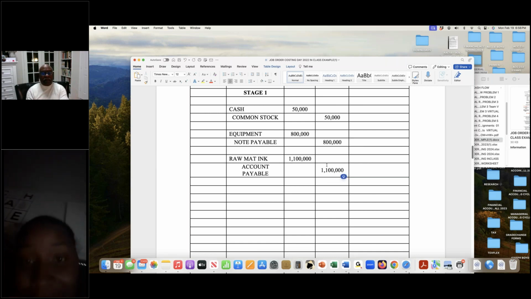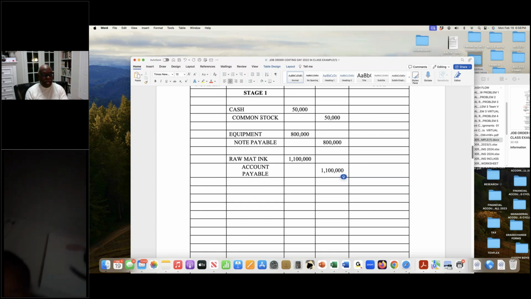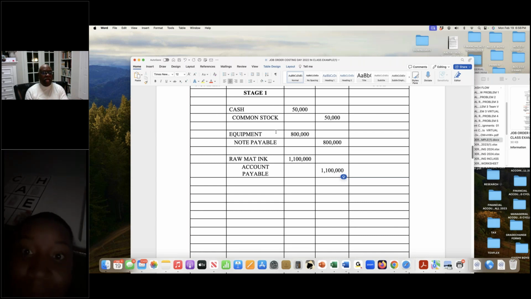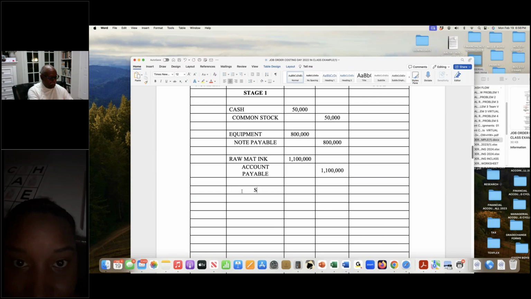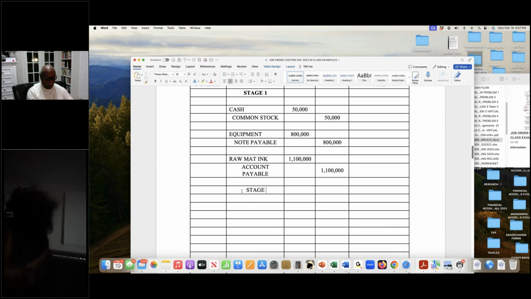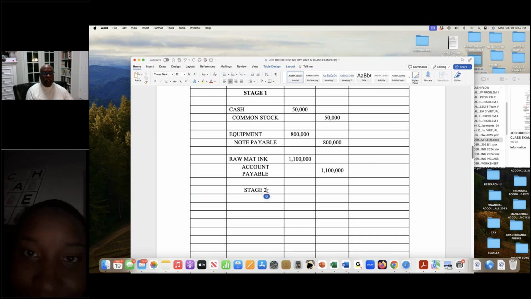So any questions? We form a corporation, we buy our equipment that we need to make the item, then we buy the raw materials. In stage 2, we're ready for our stage 2 entries now.